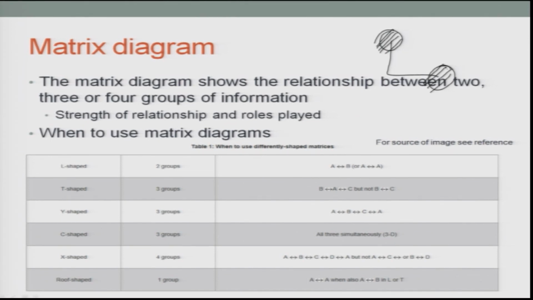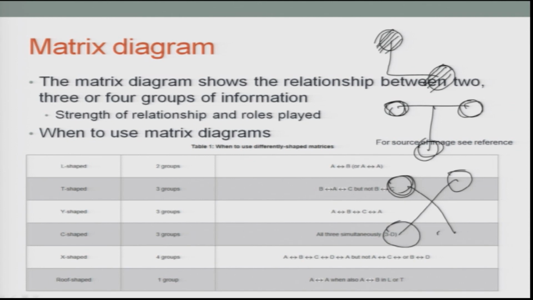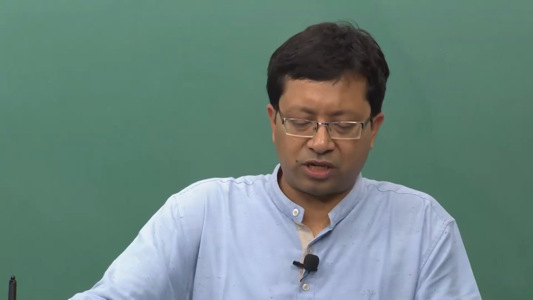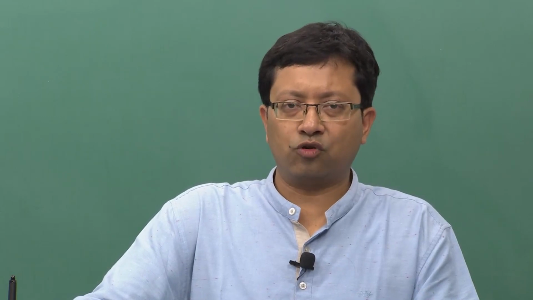In the T shaped you have 3 groups, because for the T there will be one set of group here, one here, another here, and for the X shape, which mentions 4 groups, there would be one set of groups here, second here, third here, and fourth here. So, you will try to go into the depth in the matrix diagram, not the matrix notation, in order to understand how they can be collated into different groups, and how the relationship between the groups can be analyzed.